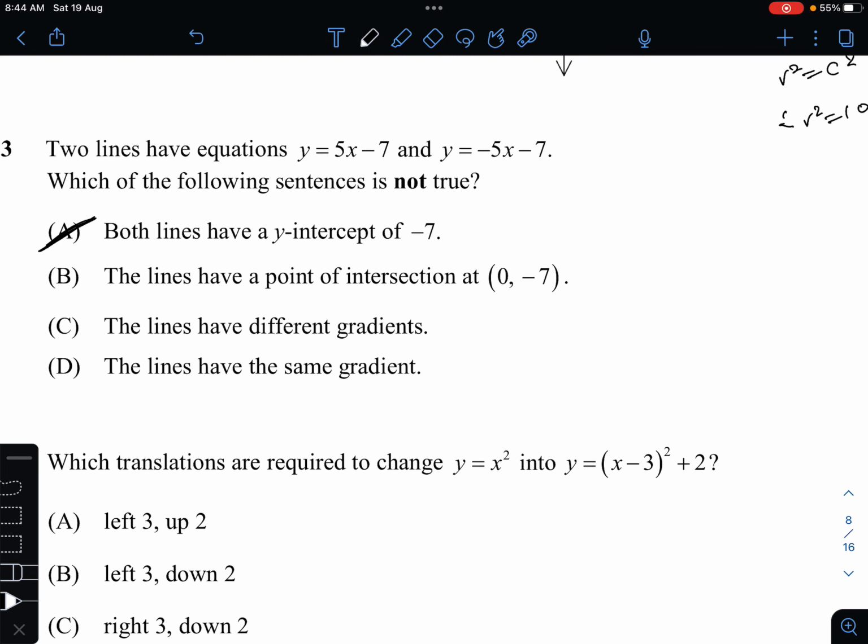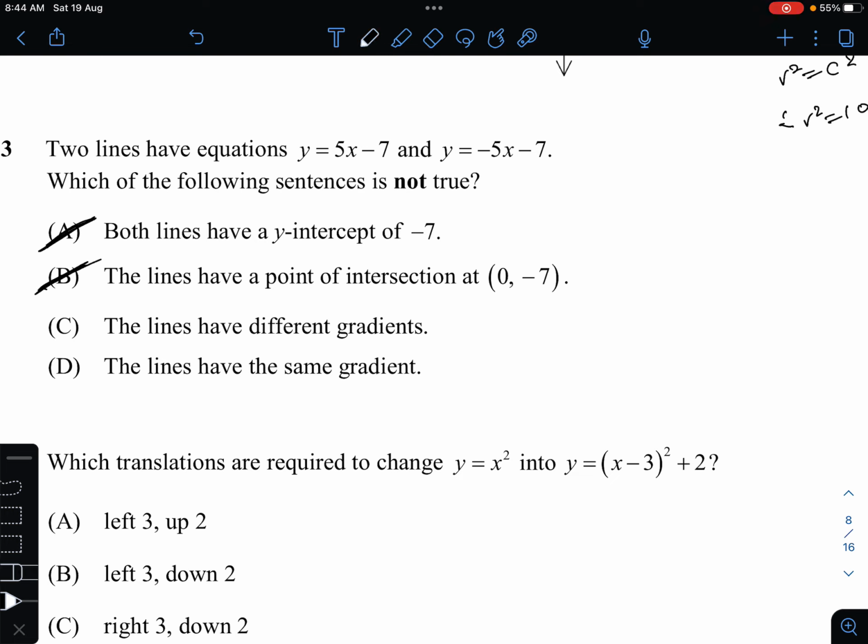The lines have a point of intersection at 0, negative 7. If they're both intercepting y at negative 7, at this point here, one of them has a negative gradient, so I'll draw it like this. They do intersect there because they're both touching the same point at the same time. So again, that one's true, therefore it can't be that one.